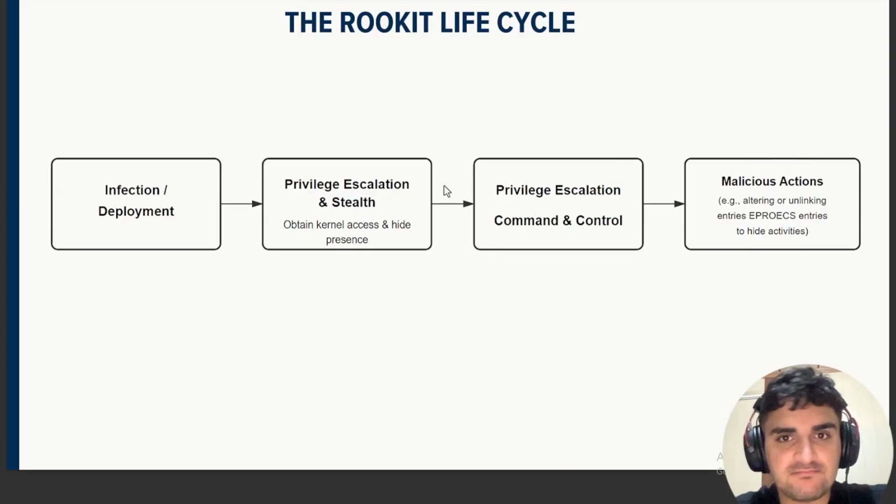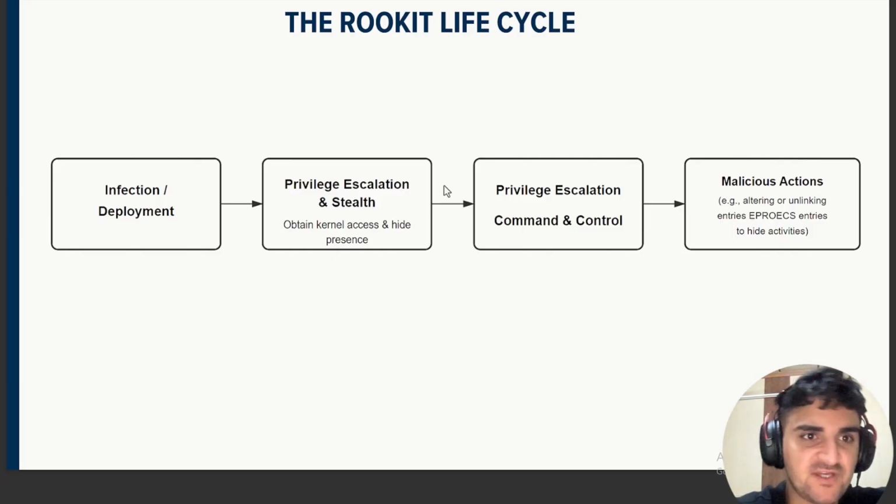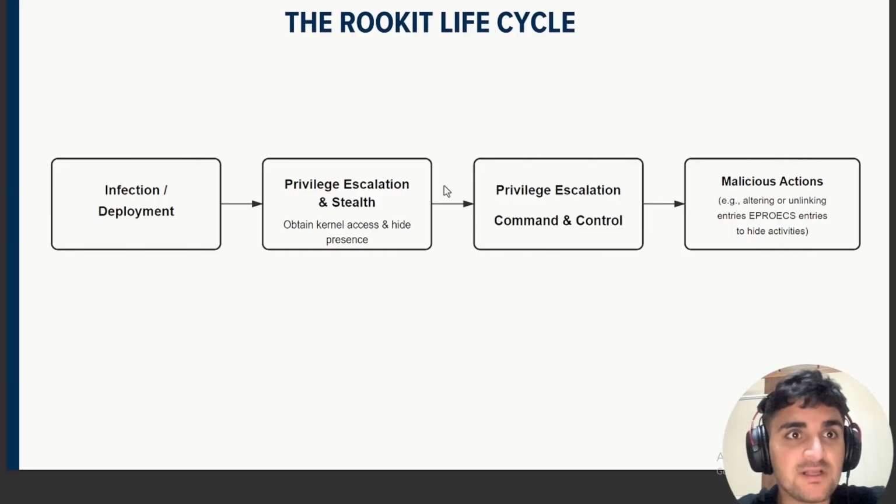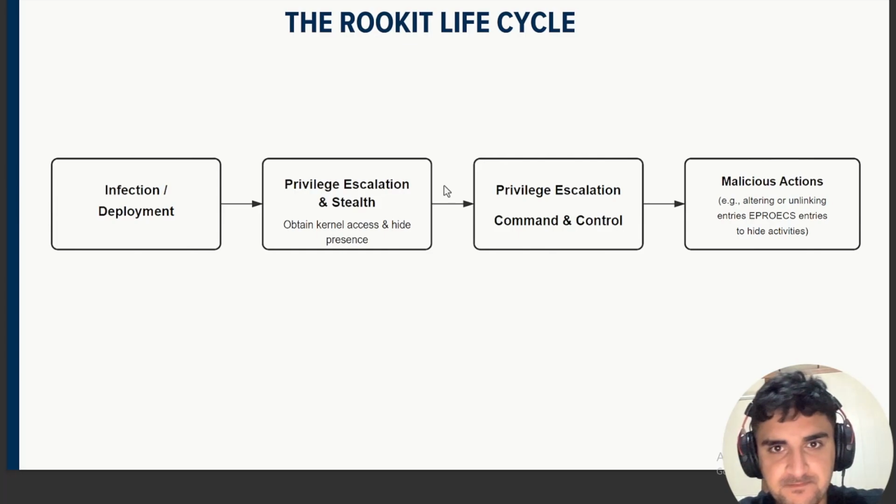The rootkit life cycle. Well, each malware has its own life cycle actually. For a rootkit, first of all, infection and deployment, and then privilege escalation to obtain kernel access and hide its own process. This technique is called DKOM, direct kernel object manipulation. And then privilege escalation again and command and control.